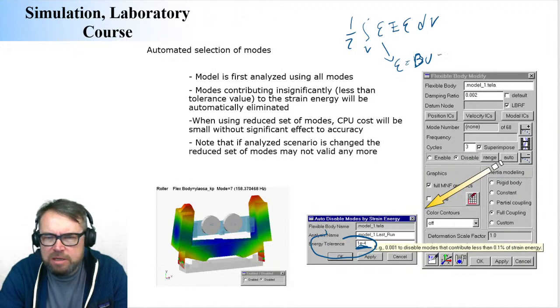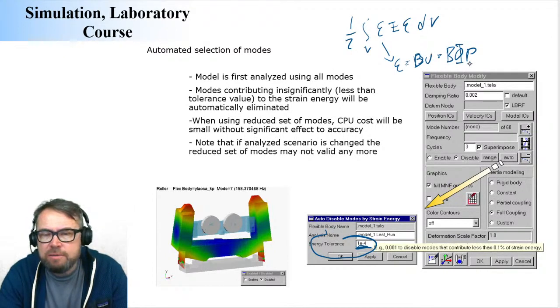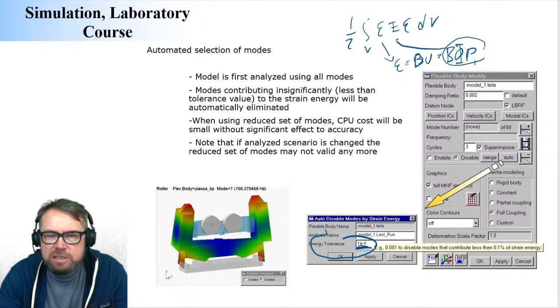The nodal displacement can be expressed by using the deformation mode multiplied by the associated modal degrees of freedom. Now this is for each one of the modes. So what you can do is take mode number one, take the associated modal coordinates into account, and see how much energy it is contributing by substituting that into this equation.